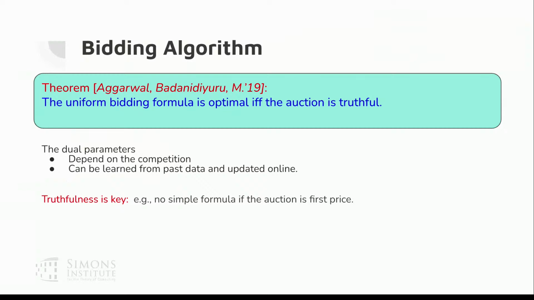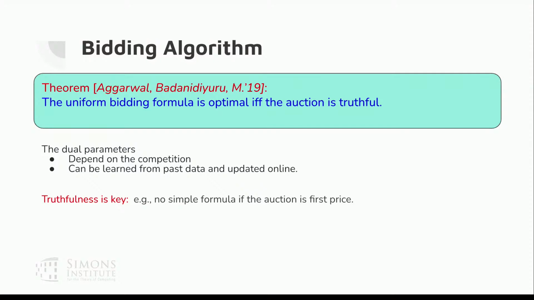So here's the theorem from that paper: this bidding formula, I'll call it the uniform bidding formula, is optimal if and only if the auction is truthful. And of course, that bidding formula depends on the dual parameters. This is going to become important later, those alphas in the formula, because those dual parameters depend on what competition is out there and what the other people are bidding.